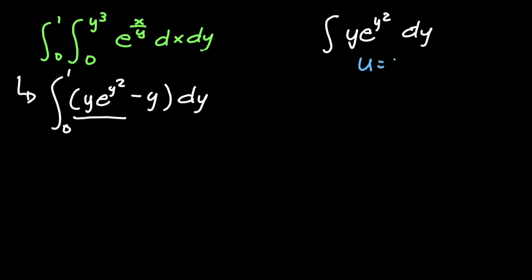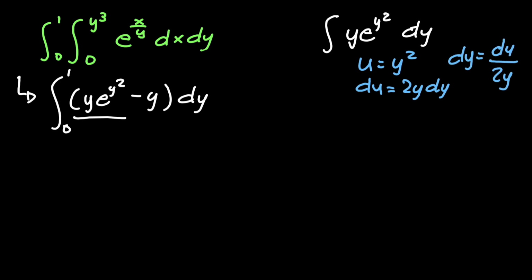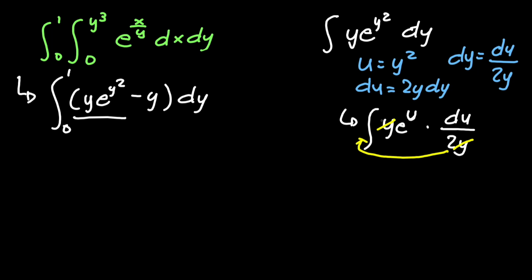Let u here be y squared. So du right here would be 2y dy. And now dy right here would be equal to du over 2y. Substitute this into the integral. It would be y e raised to the power of u multiplied by dy, which is du over 2y. Simplify this. Y here would cancel and the 2 here would go outside the integral.